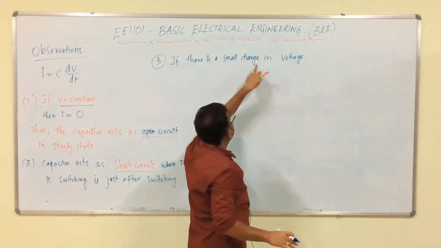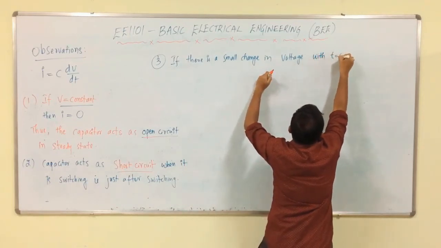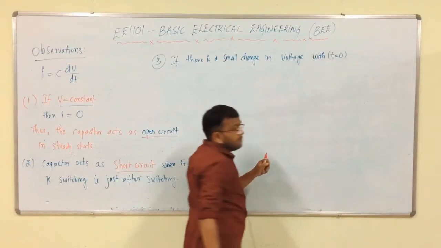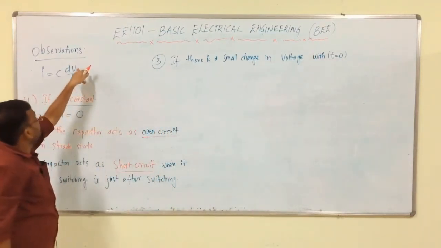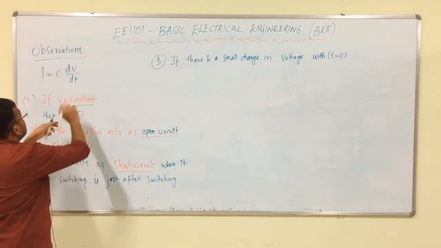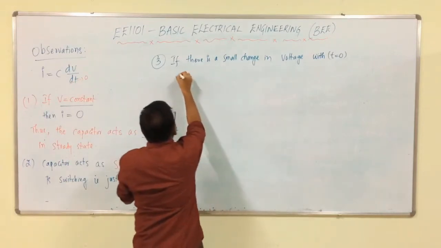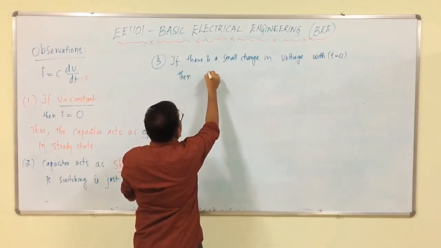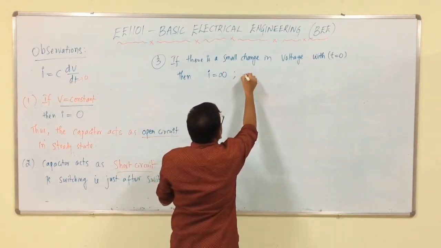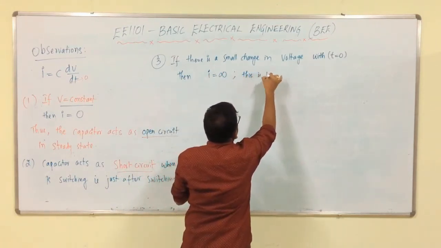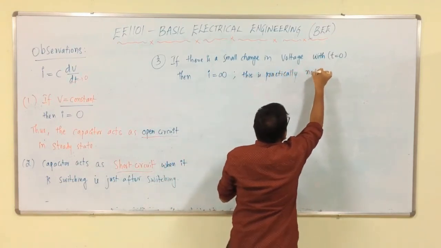If there is a small change in voltage with t equal to 0, with less time, then obviously the current I is equal to what? Infinite. This is practically not possible.